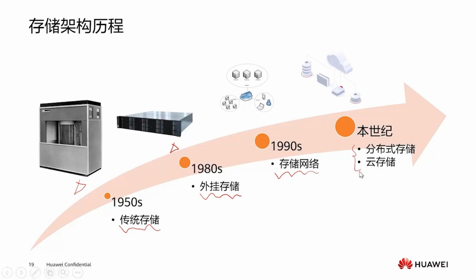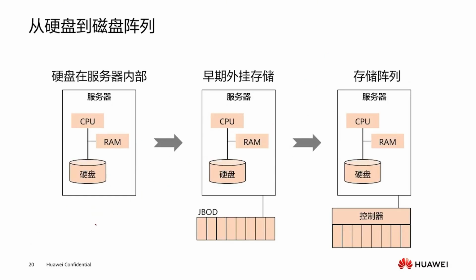Distributed storage can be said to be a specific technology or a specific storage architecture. It builds a storage resource pool by using general server hardware, which is more suitable for cloud computing scenarios. Cloud storage is actually more like a service, such as cloud disks and cloud backups that can be used on the Huawei cloud platform.